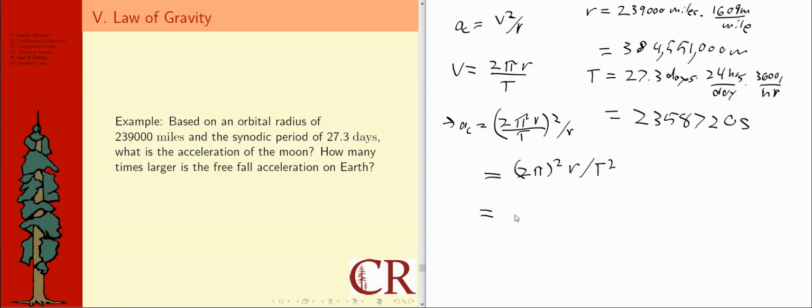In my calculator, I could distribute this to make a 4 pi squared, or you could put it in that way, whatever you like. And we have to put in these gigantic numbers: 384,551,000 meters, and then don't forget, the period, 2,358,720 seconds, has to be squared.